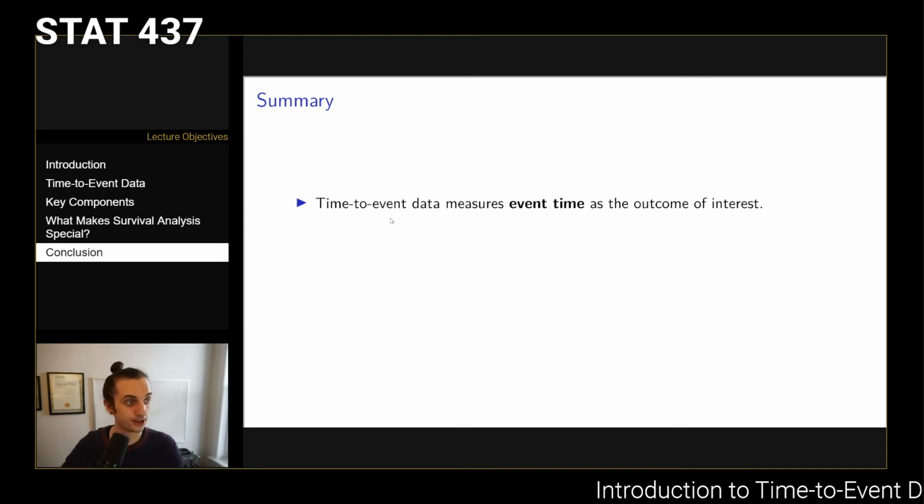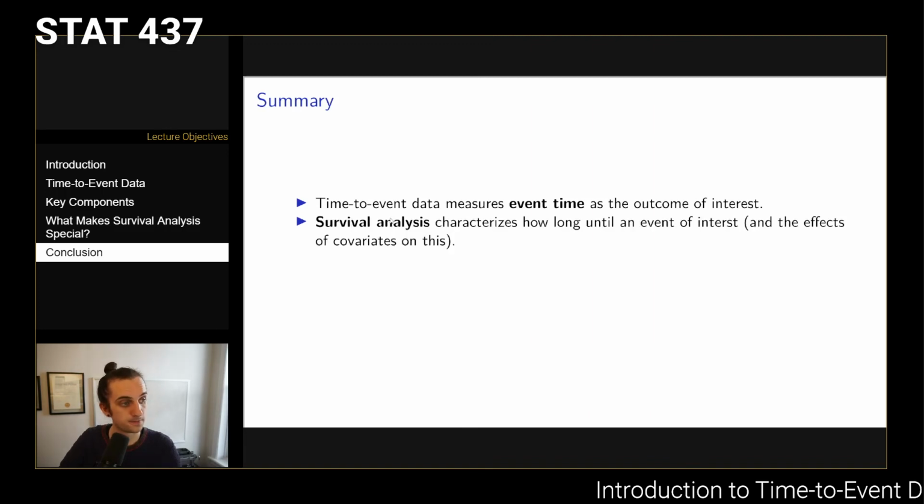So to sort of recap, time to event data measure the event times for some outcome of interest, right? So some specifically defined outcome that we care about. Survival analysis is the analysis of time to event data. So it characterizes how long until the event of interest occurs. And we might be looking at risk factors for this. We might be trying to characterize the distribution. We might be answering specific questions, but anything that's sort of analyzing time to event data, we call that survival analysis.